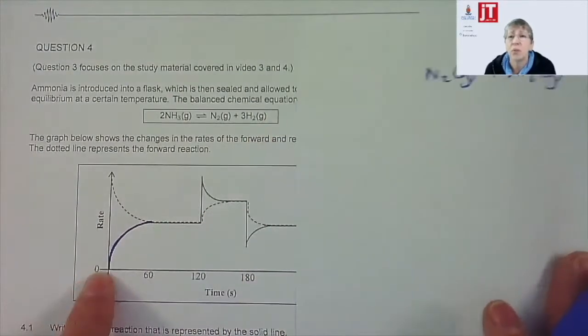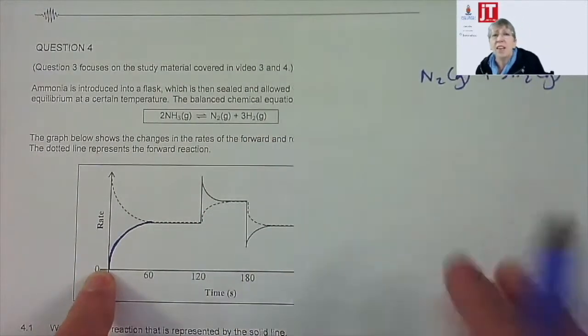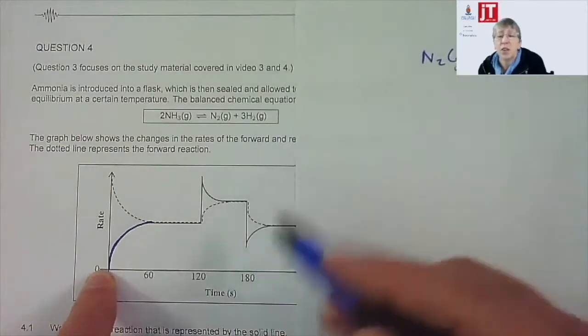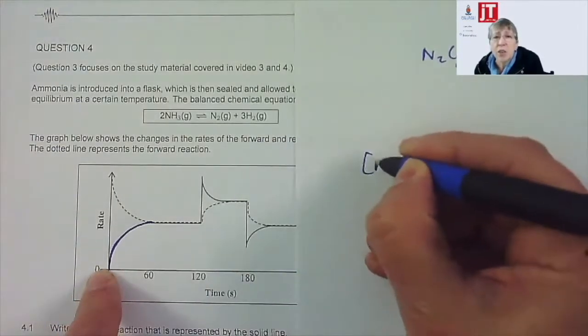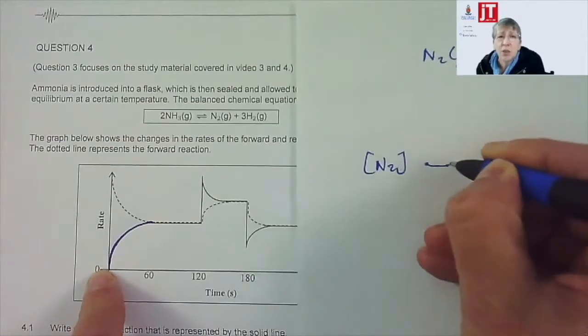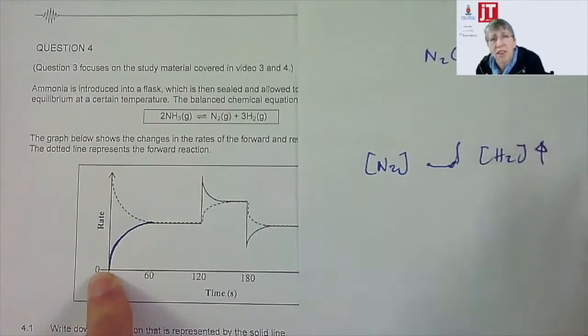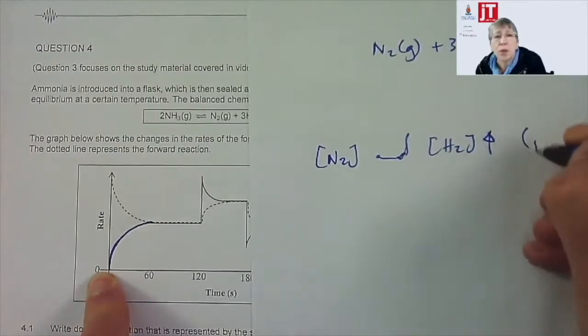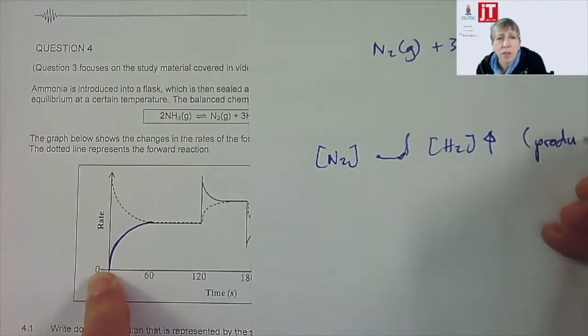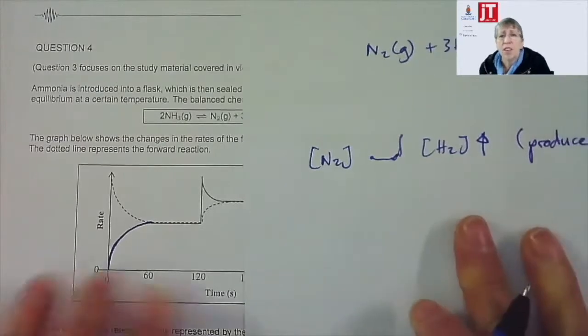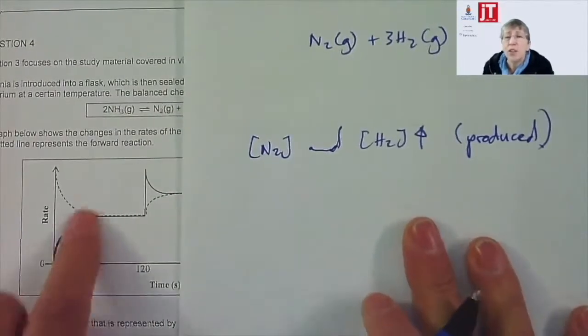So we started off with a concentration of 0, and then as the reaction occurred, the N2 and the H2 concentrations increased, because they were produced.